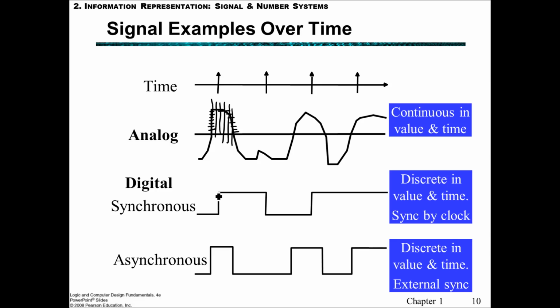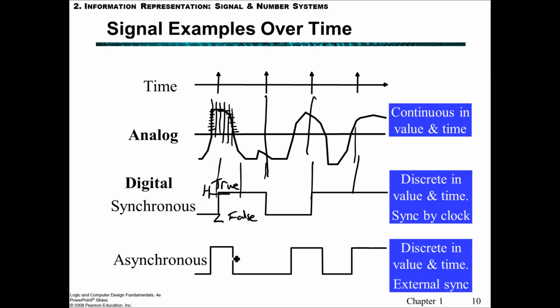These discrete values are, for example, high or low, or maybe we call this true or false. And then we also have discretized times. These could line up with the times, perhaps these pulses here, and this is a synchronous signal. And then we also have asynchronous signals.